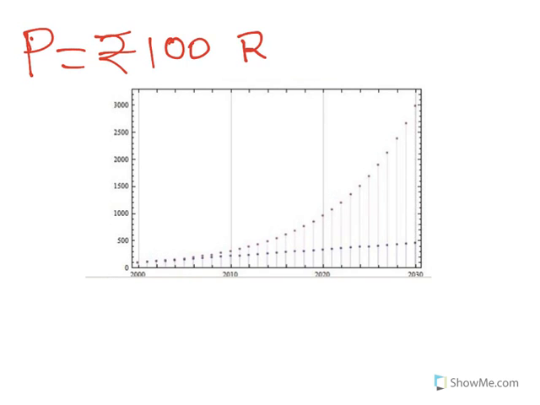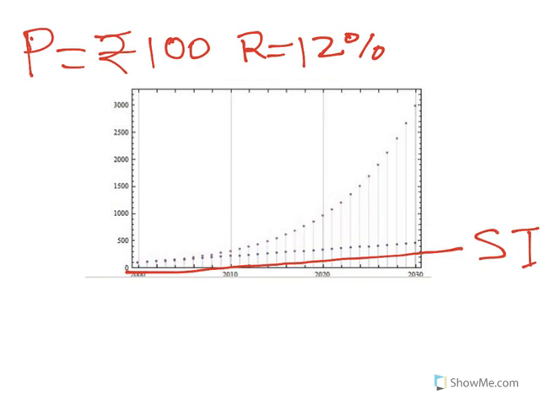The rate we said was 12%, and this was compounded annually, so once every year. This line is the simple interest, while this one was the compound interest.